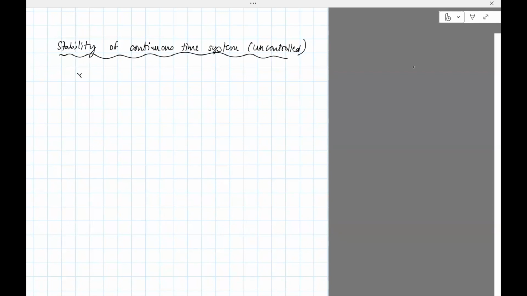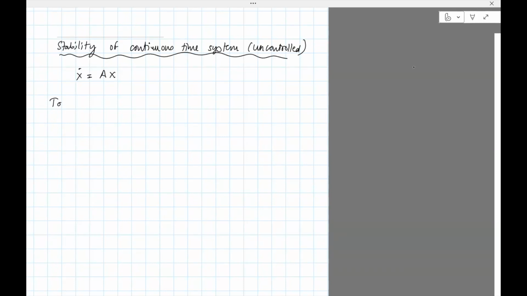So a system which is uncontrolled would look like this: x dot equals Ax, right? Here u is 0 because the system is not controlled. You're not applying any actuation to it. So if you remember from a first course in controls, a system like this is stable if the eigenvalues of A are in the left half plane. If the real part of the eigenvalue is negative, then the system is considered stable. So that's the condition.